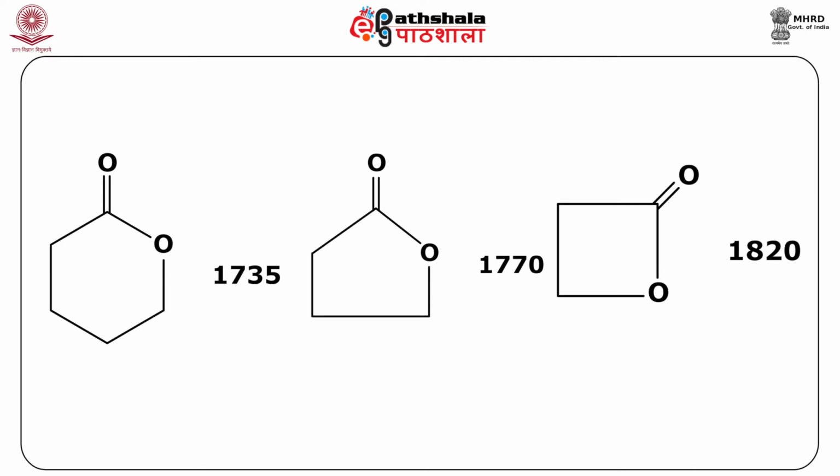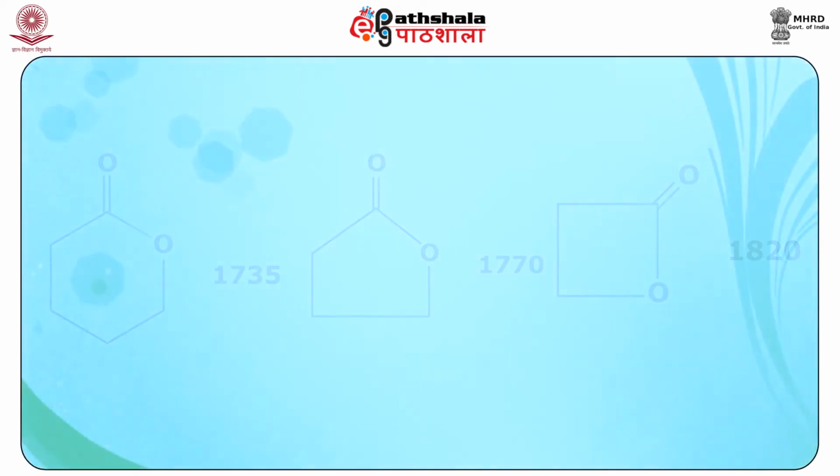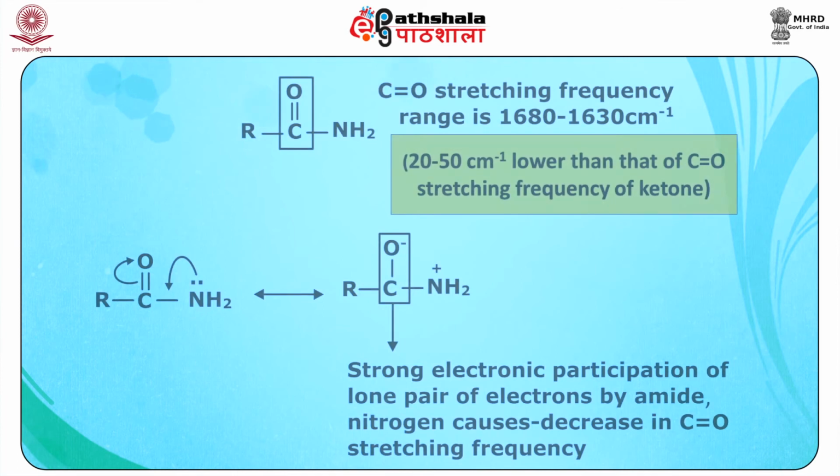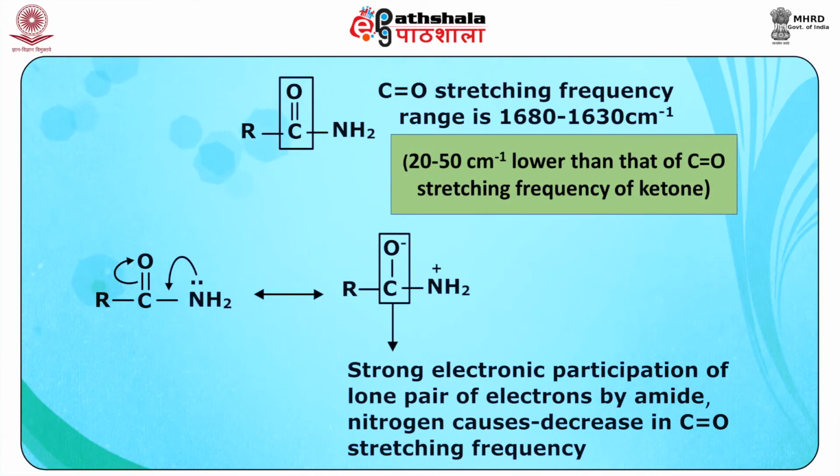This can be easily shown with the structures drawn in the figure that you can see here. We now come on to the next functional group of the carbonyls, specifically known as amides. The CO stretching frequency in amides appears in the range of 1680 to 1630 cm inverse, that is 20 to 50 cm inverse lower than that of the carbonyl stretching frequency of ketones.